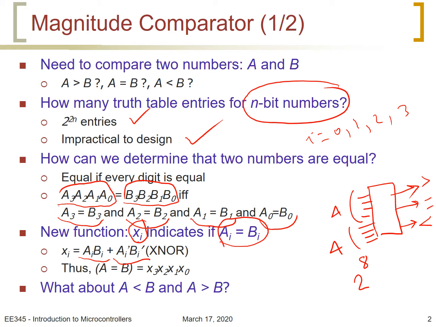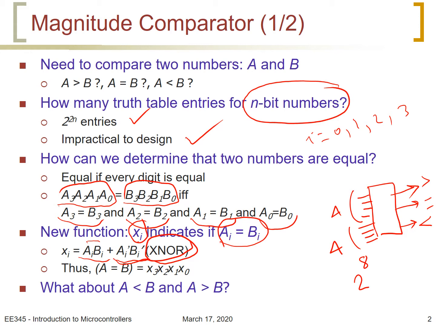In other words, xi is 1 if both Ai and Bi are ones, or Ai and Bi are zeros, which is the exclusive NOR, or the equivalence function that we defined several times in the past.